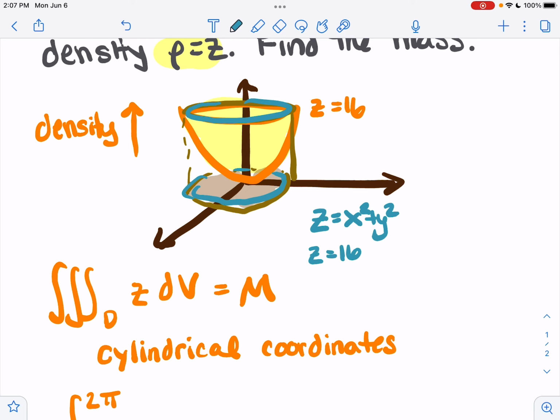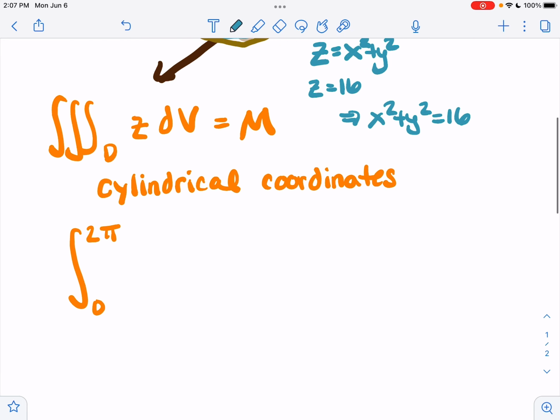Right, those are the two surfaces. We have the paraboloid and we have the plane, z equals 16. So if we set those equal to each other, x squared plus y squared equals 16 gives us the intersection. The intersection is just the circle of radius 4 centered at the origin. So radius goes from 0 to 4.